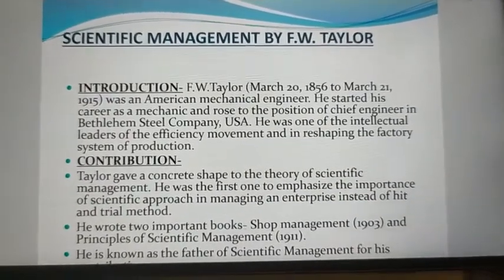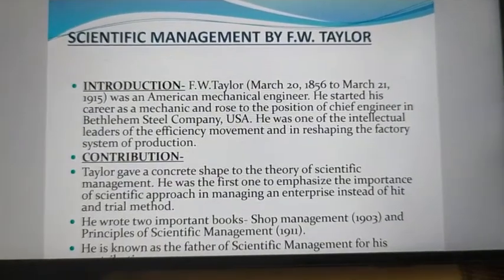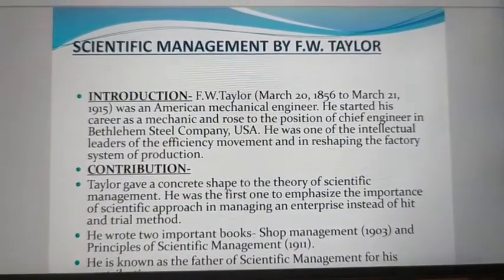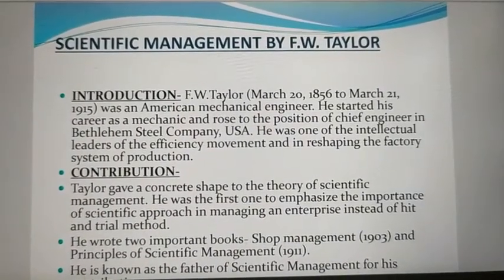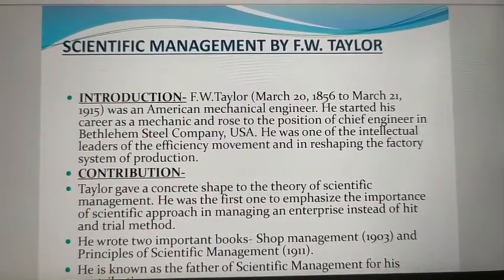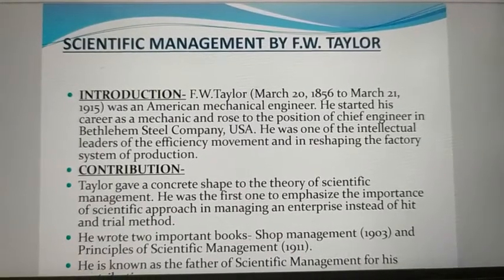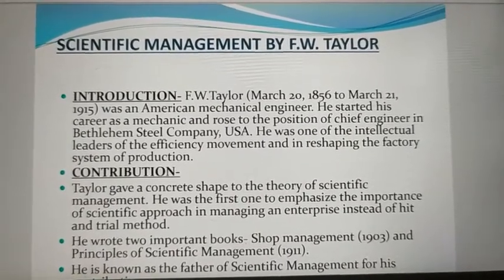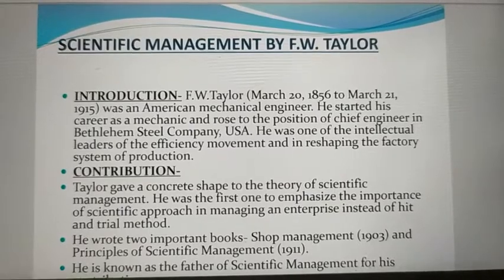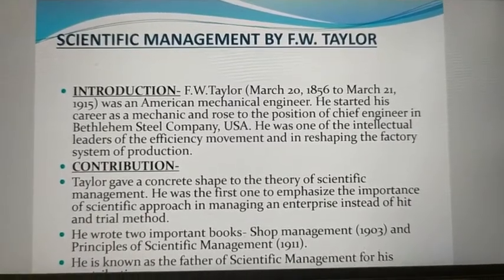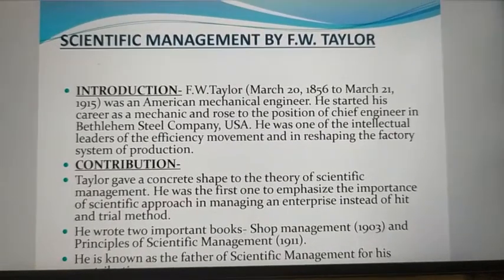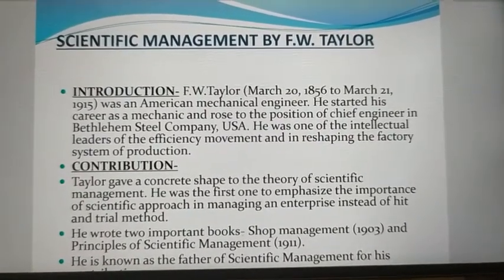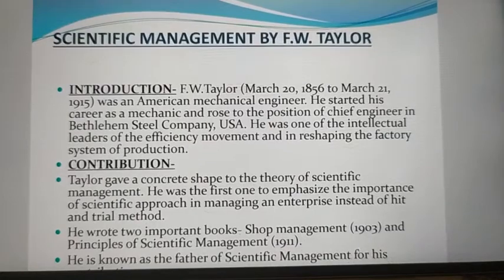The traditional ways were given a drastic change by the outlook given by F.W. Taylor. So the contribution of Taylor may be listed as he gave a concrete shape to the theory of scientific management, and he was the first one to emphasize the importance of scientific approach in managing an enterprise instead of hit and trial method. So this is also what the scientific management is about.